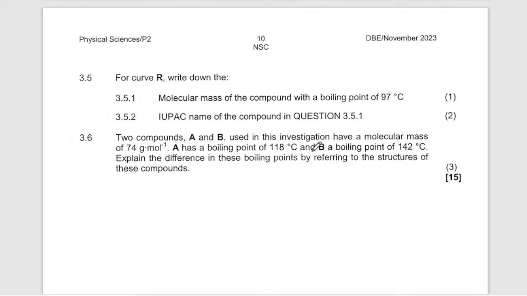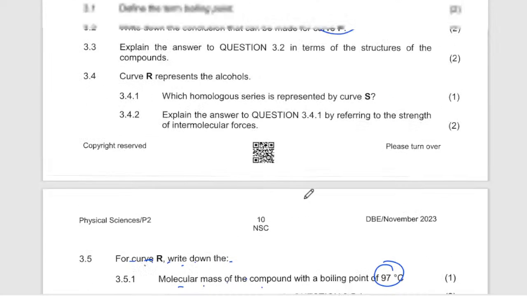Then we go to the next question, which is saying the molecular mass of the compound with a boiling point of 97. Okay, R is right, graph R, write down the molecular mass. Okay, we have to go back and find out where it's 97.